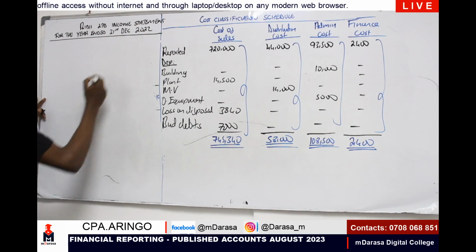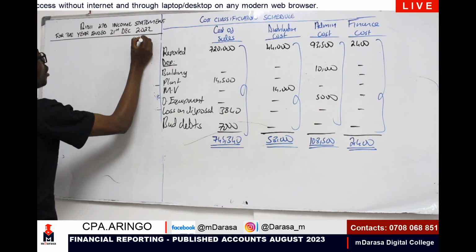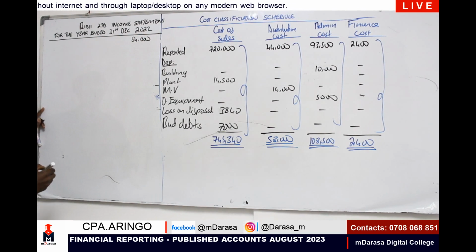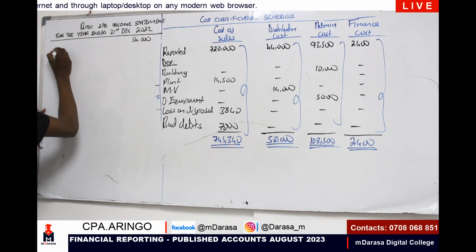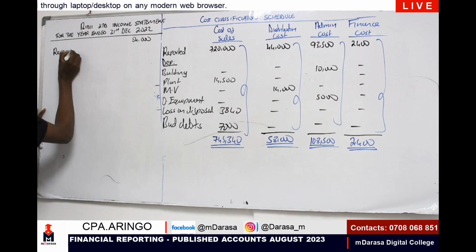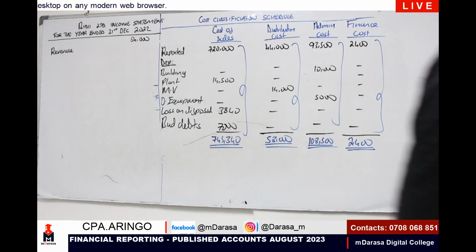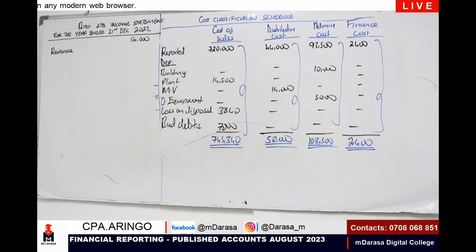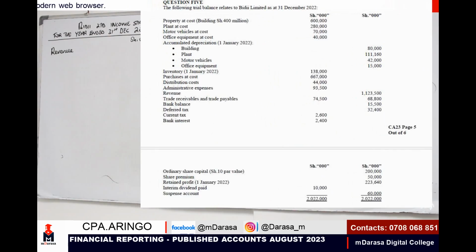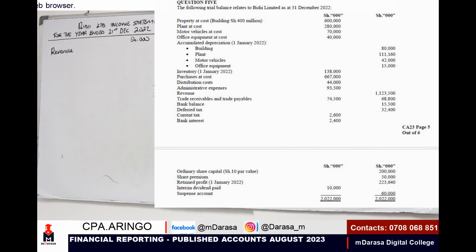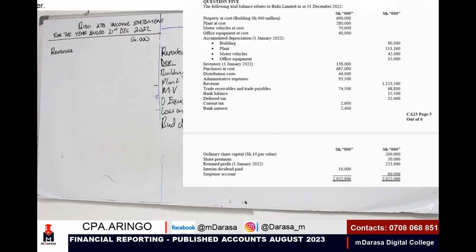So the task will just be a matter of copying and pasting. Remember, our values are in thousands. So we start with our revenue. What are we given as our revenue? Let us just copy and paste the figures.